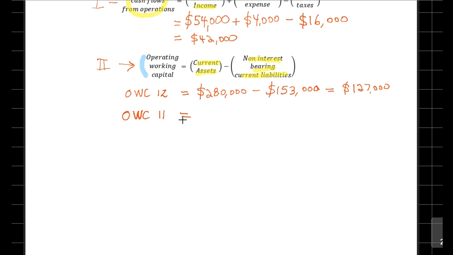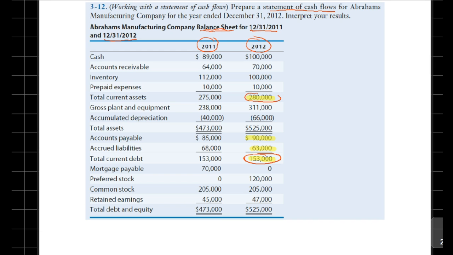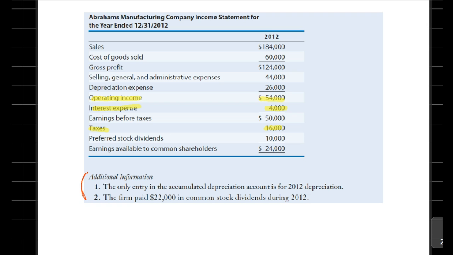Again, going back to our balance sheet, we need to come up with these figures, and this time it's much simpler. We have the total current assets as 275 and non-interest-bearing current liabilities as 153 again. So basically 275 minus 153.